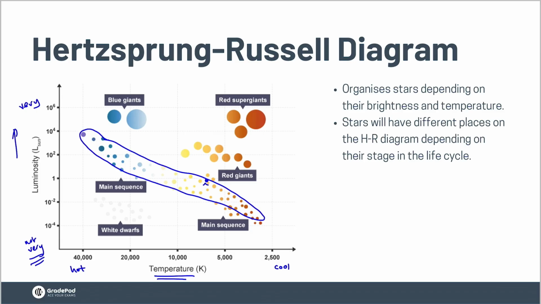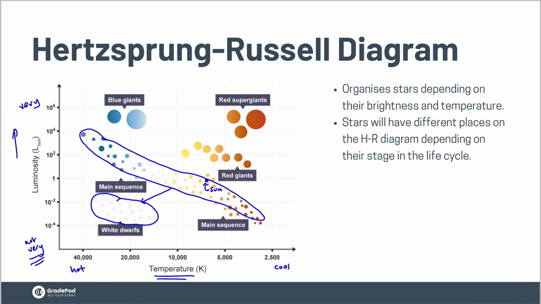So we'd find our sun here on the main sequence stretch. Down here are the white dwarfs. After our sun has stopped fusing hydrogen to helium, it'll become a white dwarf. So it'll go down like that. And the white dwarfs rolled in there.